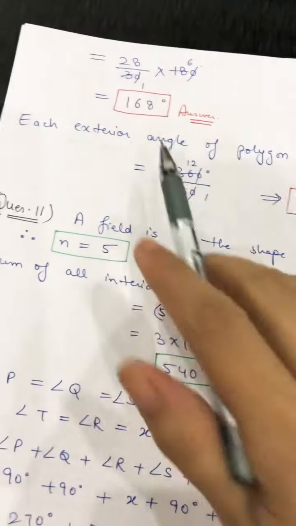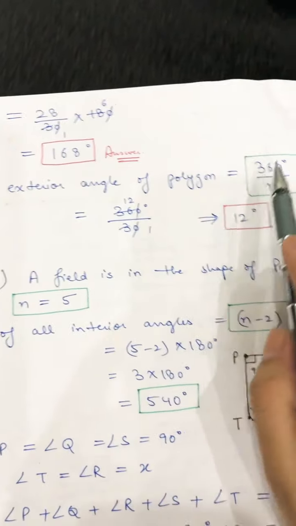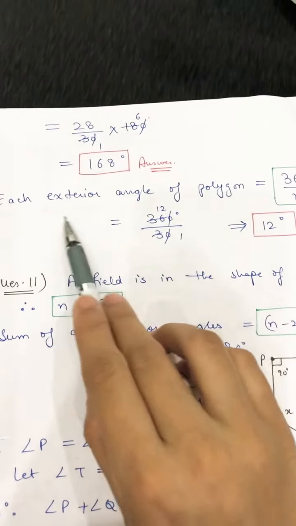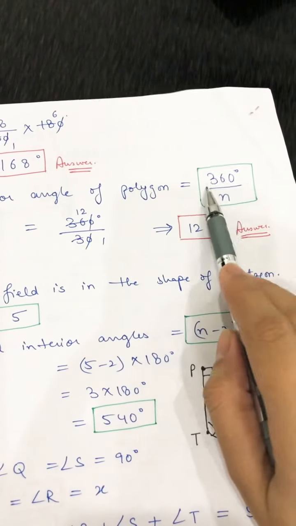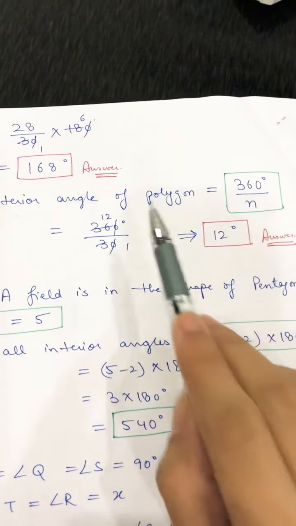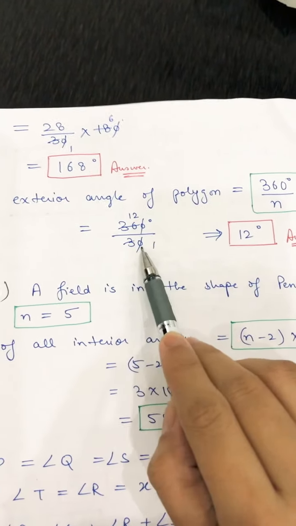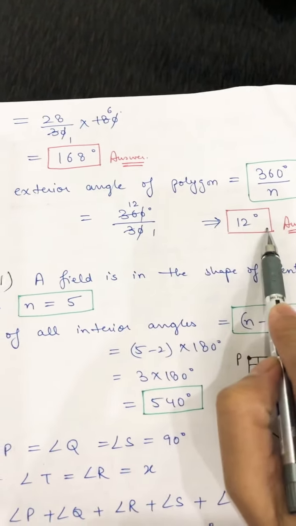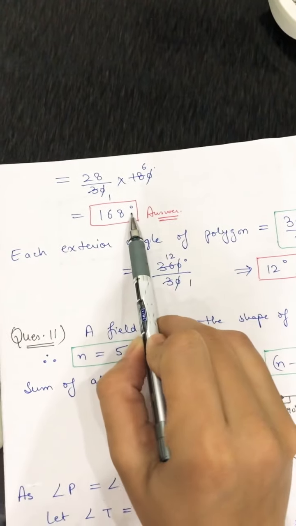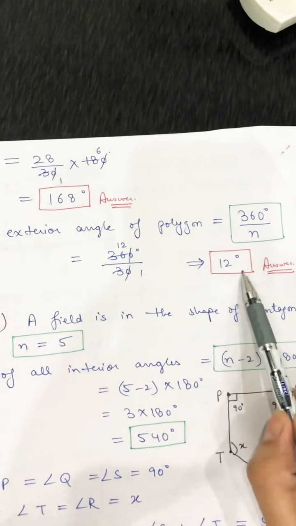Next is to find each exterior angle of the polygon. It is equal to 360 degree divided by n. So 360 degree divided by 30 is equal to 12 degree. So each interior angle is 168 degree, each exterior angle is equal to 12 degree.